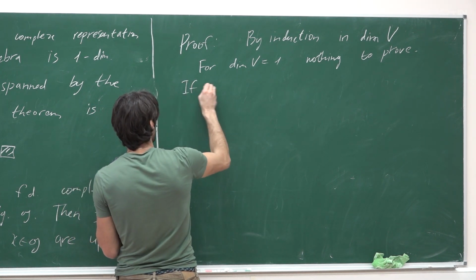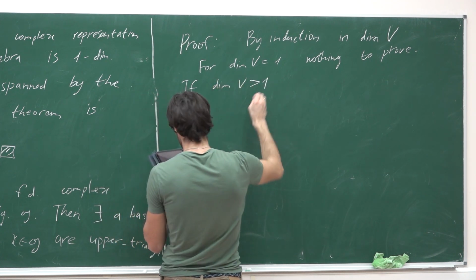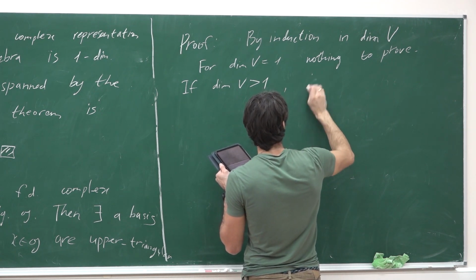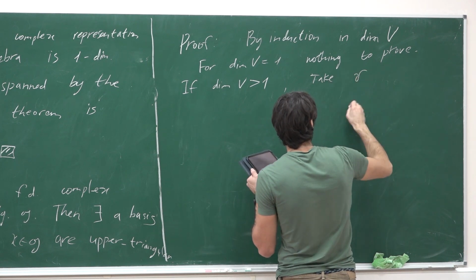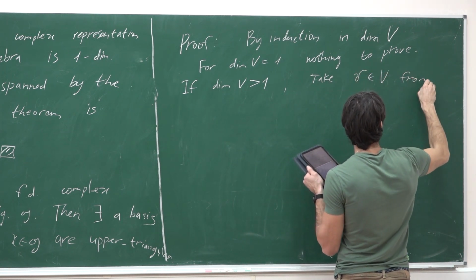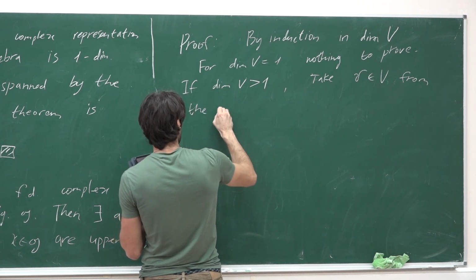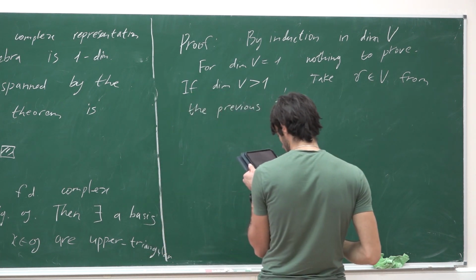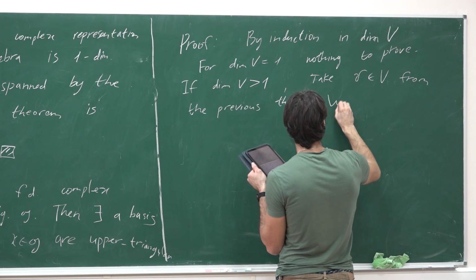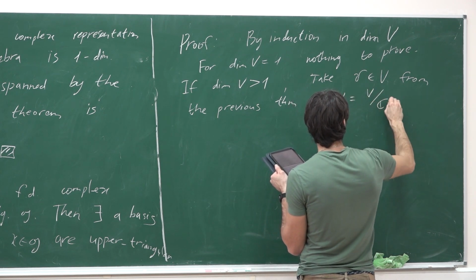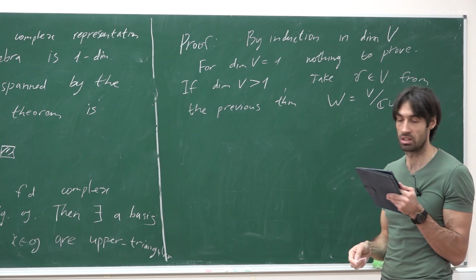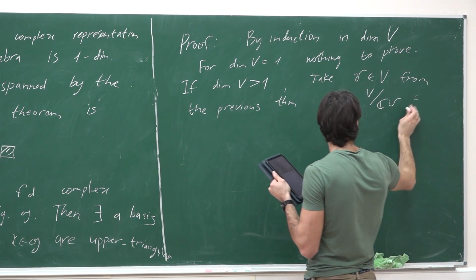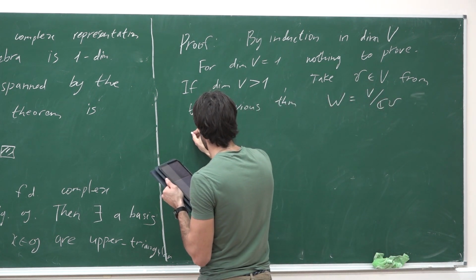If dimension V is greater than 1, take V from the previous theorem. And then consider V quotient by CV. It's an invariant subspace, so this is another representation.